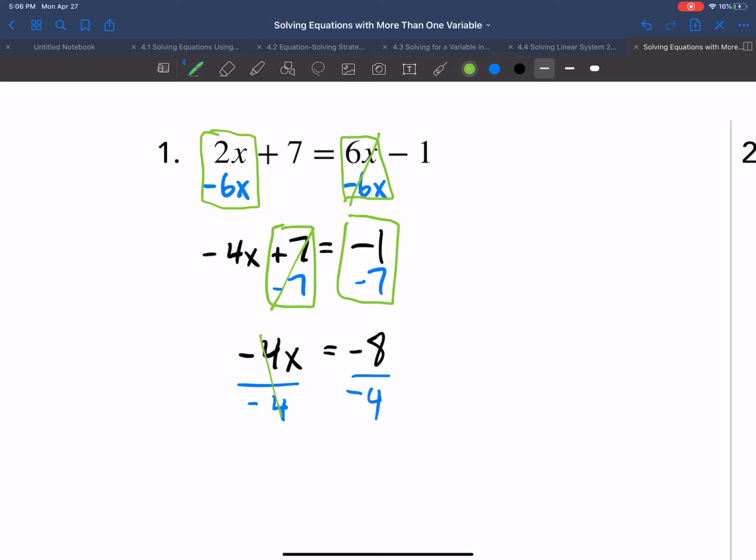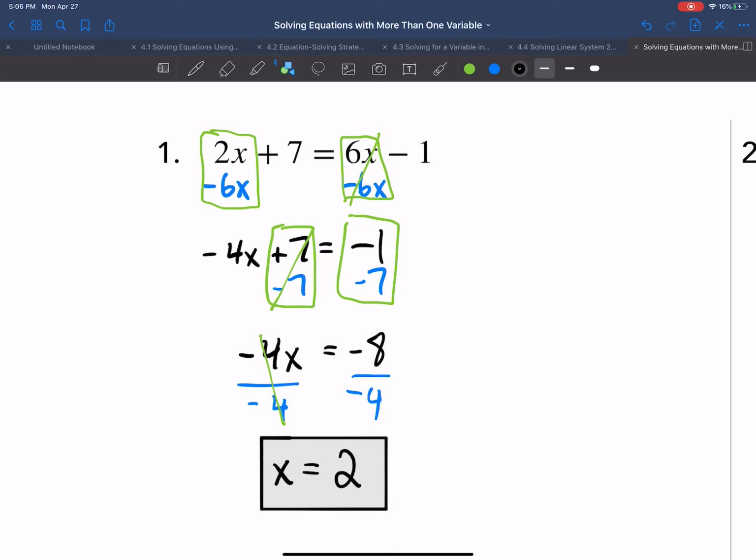So negative 4 and negative 4 divide out to become 1. I have 1x on the left side. Negative 8 divided by negative 4 is positive 2. And that's my answer. X is equal to 2.